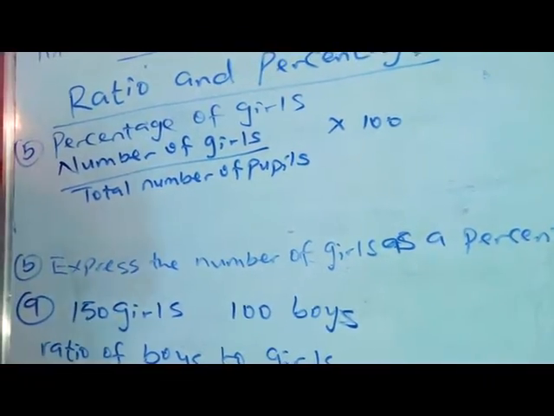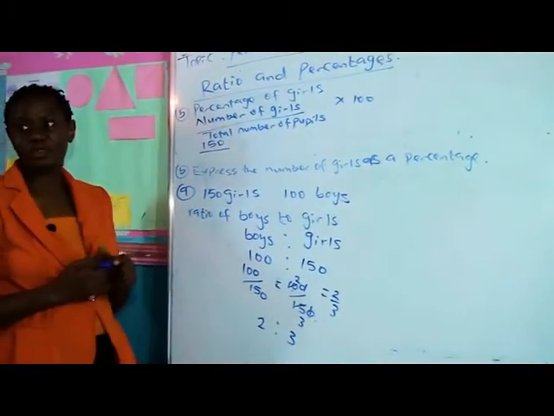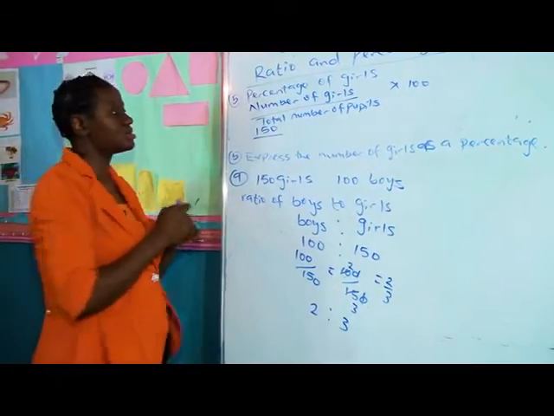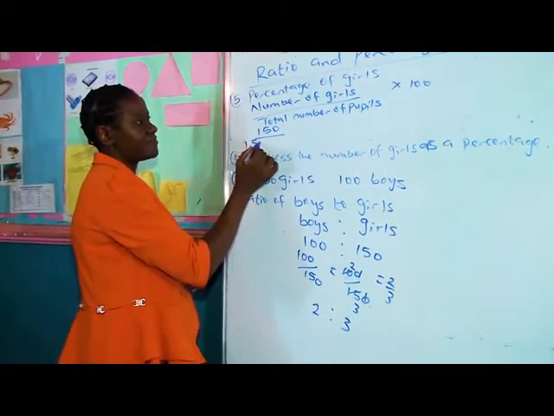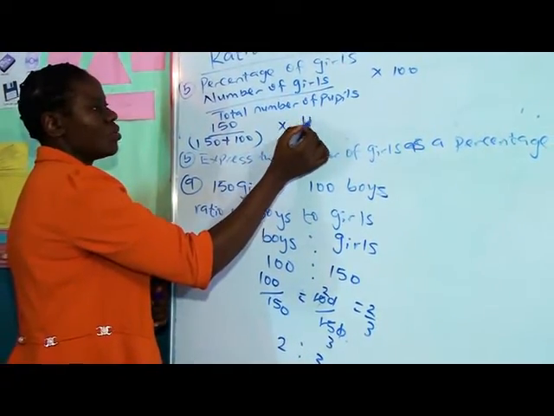From the question, we're given the number of girls, 150 girls. The total number of pupils will be the number of girls plus the number of boys, which is 150 plus 100, times 100.